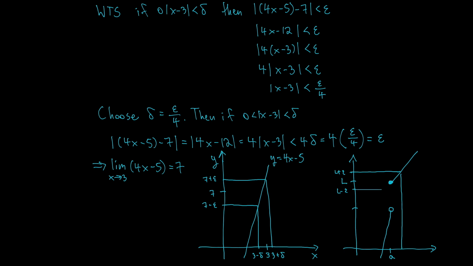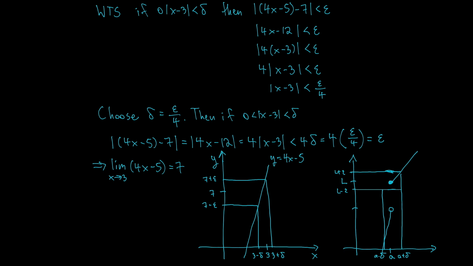I have to go a little bit to the left of a. So then this would be a minus delta, a plus delta. Notice that no matter how you restrict delta in this case, this is going to end up cutting off the function at the top and bottom, and I'm going to miss this entire part over here.